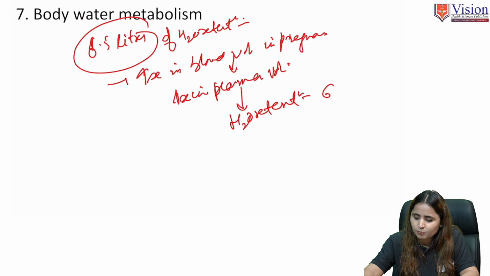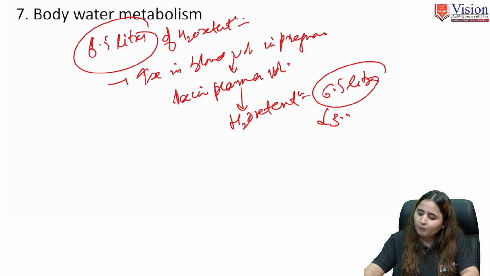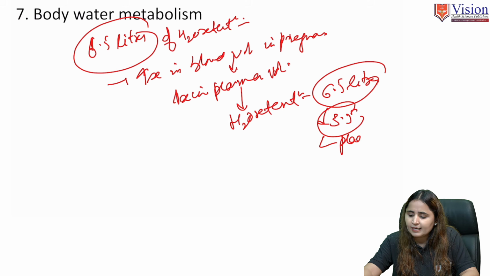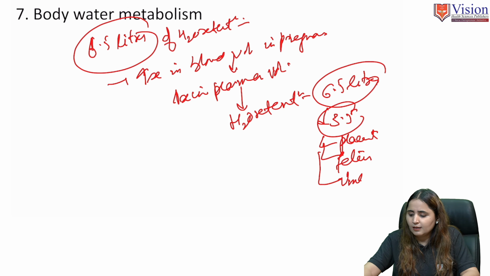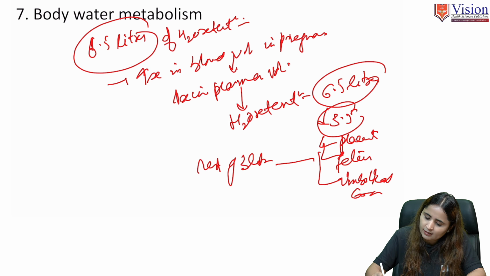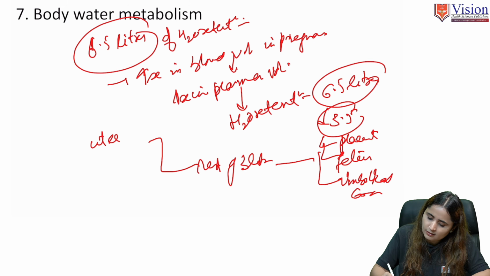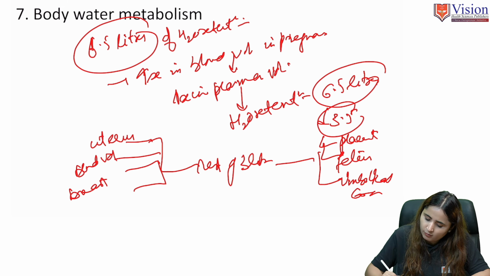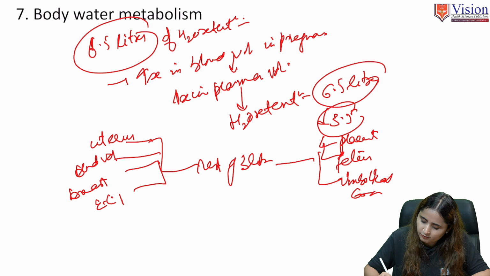Around 6.5 liters of water is retained, of which 3.5 liters is in the placenta, fetus, or umbilical cord. The remaining 3 liters is in the uterus, the blood volume, the breast, and also the extracellular fluid.